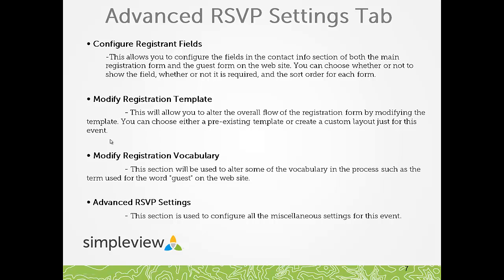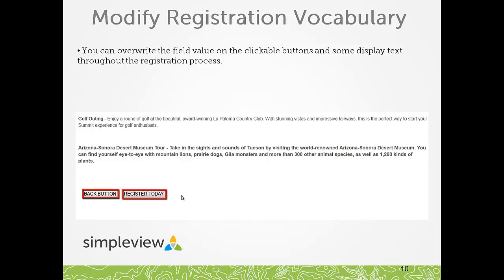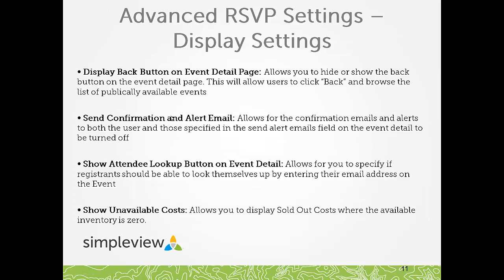We can update the registration vocabulary, again, the back button, the next button. And now looking at these RSVP settings, the first one is display back button on event detail page. And if this is set to yes, it allows you to hide or show, it's up to you, yes or no, to show the button on the event detail page.